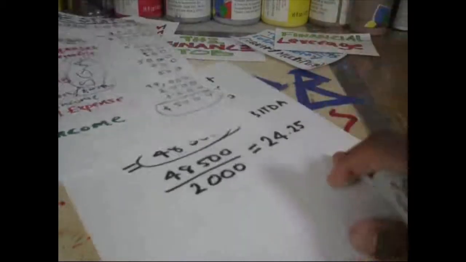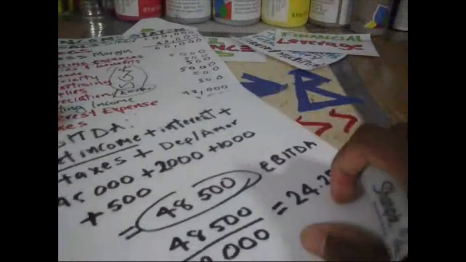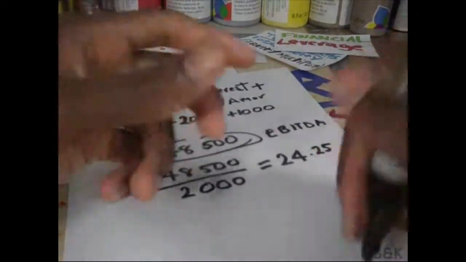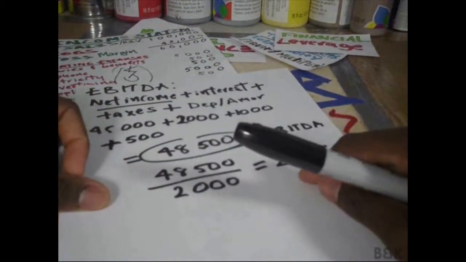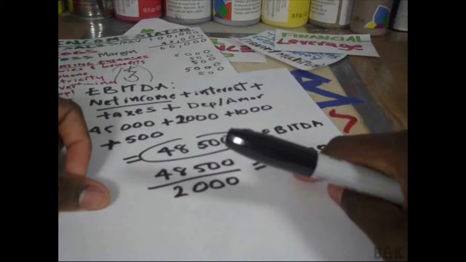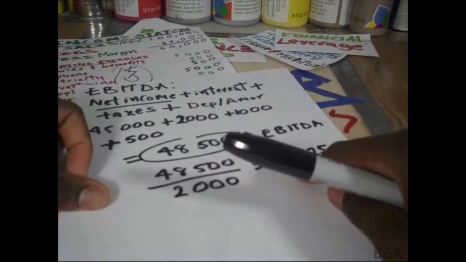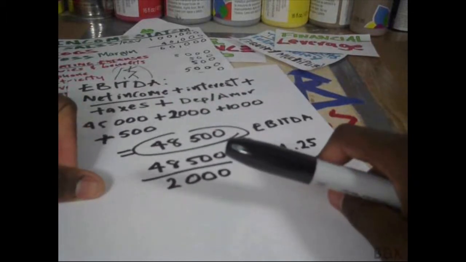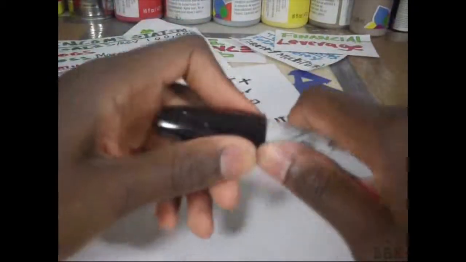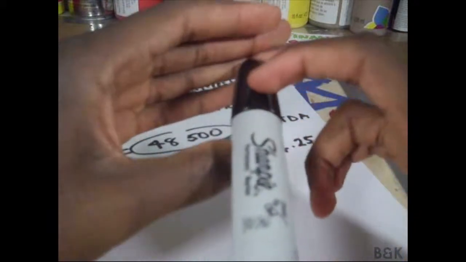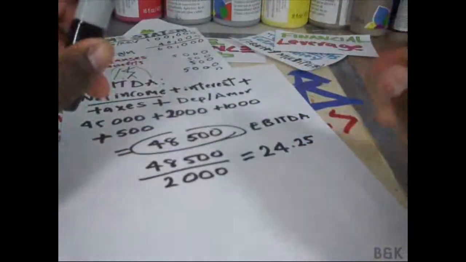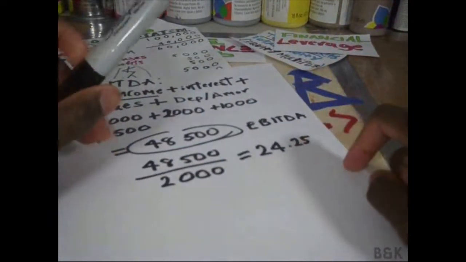So that means if you just think of all the new cash that our company is going to be bringing in, Mr. Banker, lend us some money because we can afford it. We can cover the interest payments 24.25 times over. We can cover our interest payments walking backwards on the moon, holding our breath, singing a song 24.25 times.